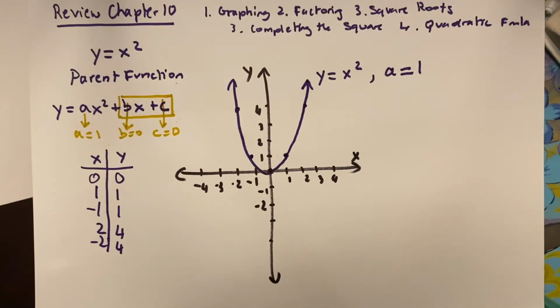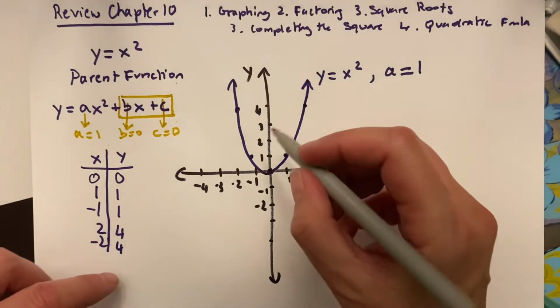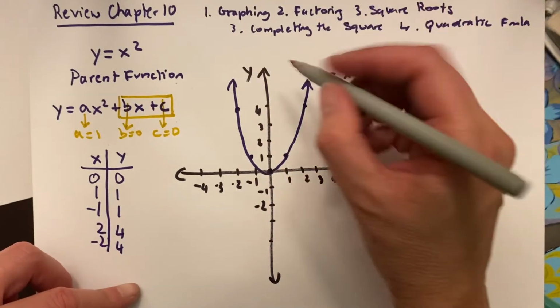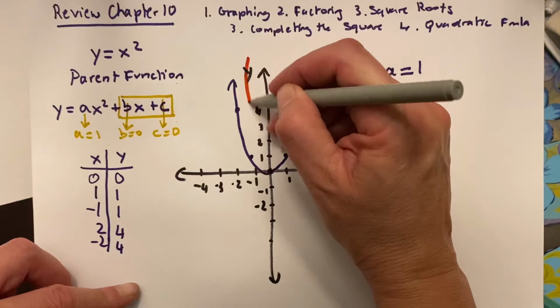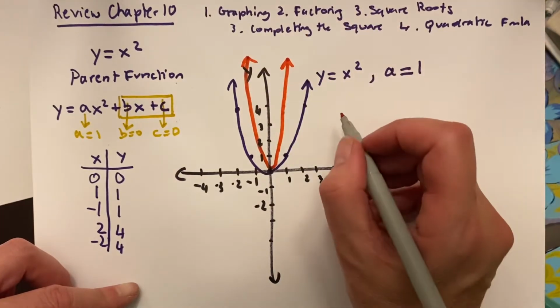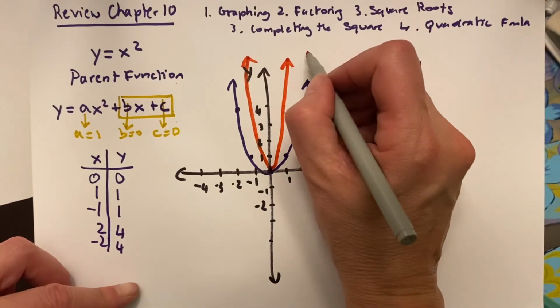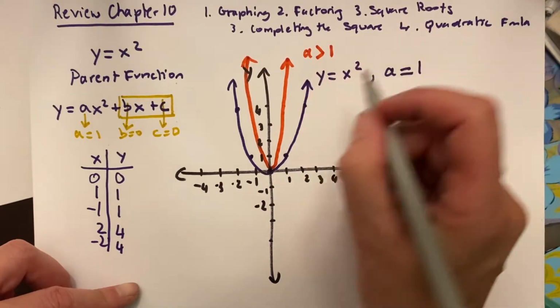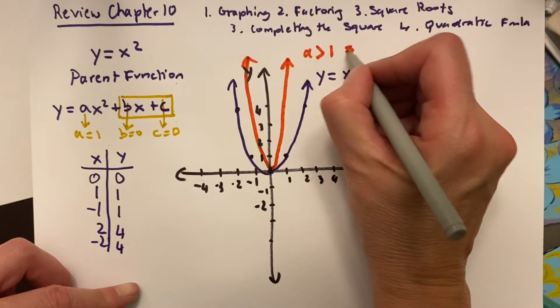Now, we want to look at what happens when a is greater than 1. We did this before, so I'm not going to go over it in too much detail. But when a is greater than 1, you get a stretch.